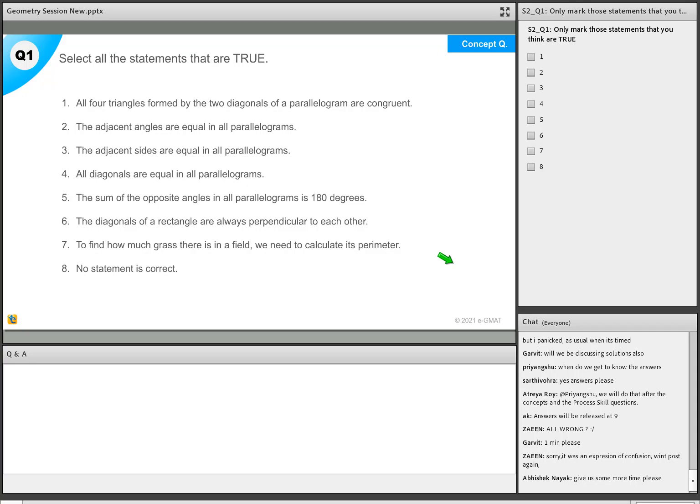Right. I hope this is fair, and you have now marked the answers. So with that, I'll hide this poll.